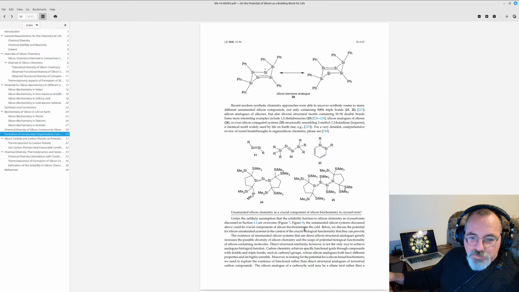Below, we discuss the potential for silicon unsaturated systems in the context of the crucial biological functionality that they can provide. The existence of unsaturated silicon systems that are direct silicon structural analogues greatly increases the possible diversity of silicon chemistry and the scope of potential biological functionality of silicon-containing molecules.